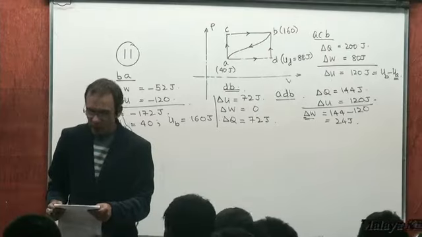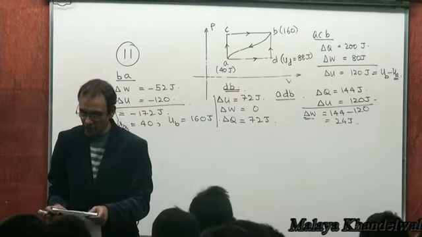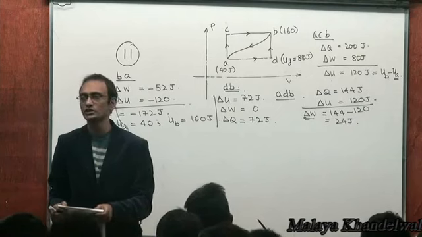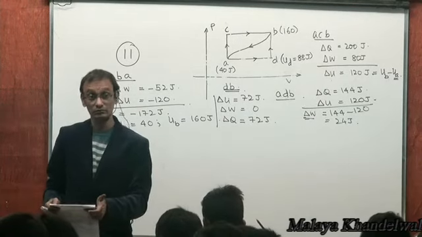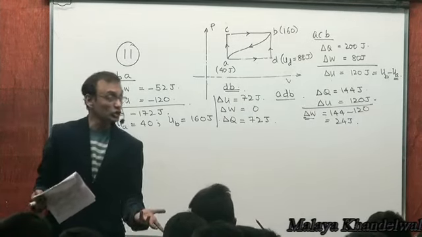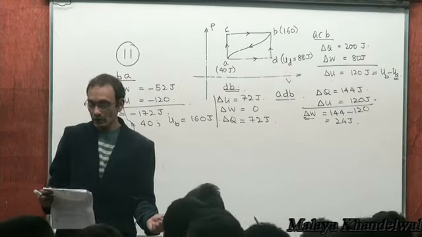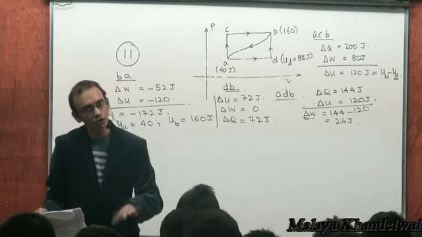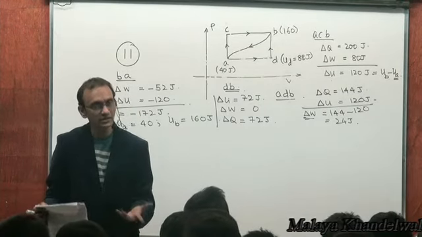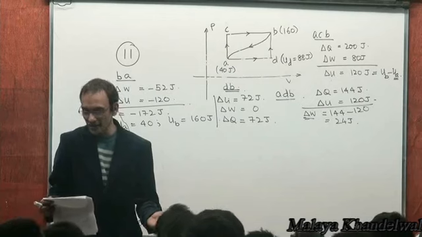In a process on a system, the initial pressure and volume are equal to the final pressure and volume. If we are talking of the same pressure, same volume, we are talking of the same temperature. The initial internal energy must be equal to final internal energy. Yes, same temperature means same internal energy.